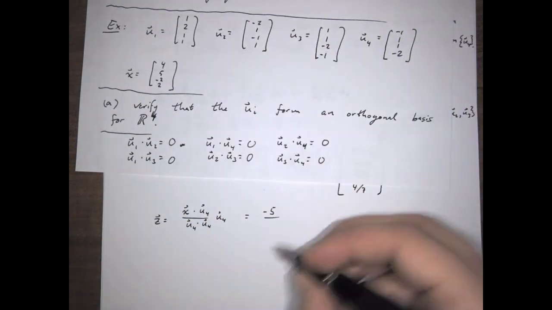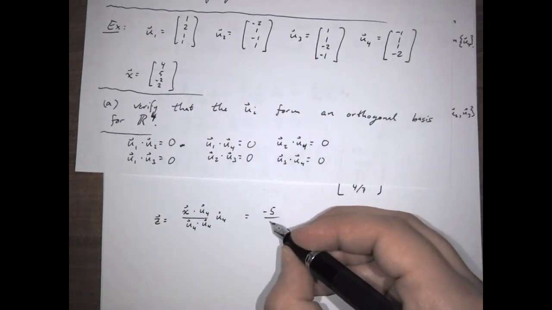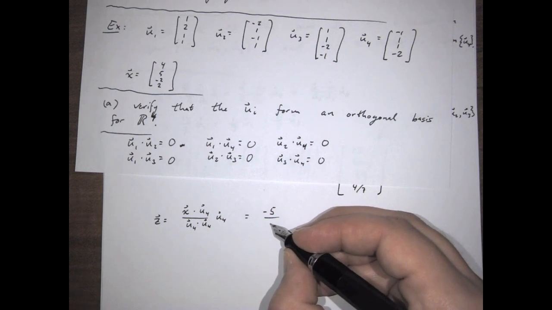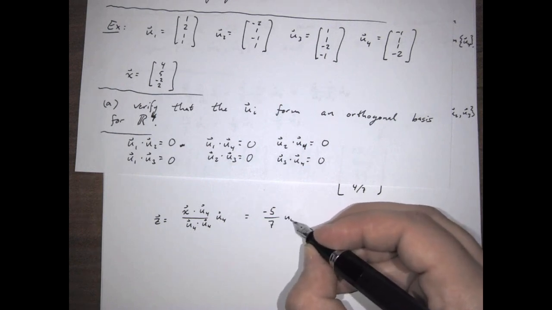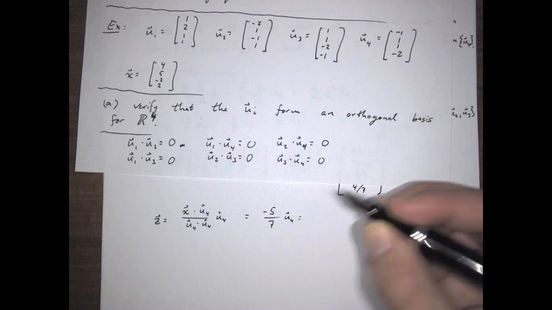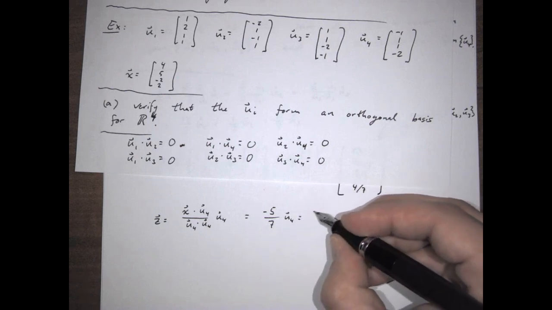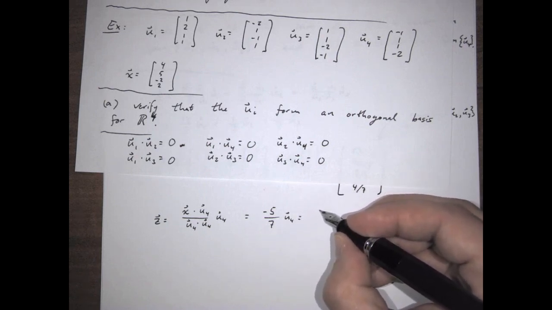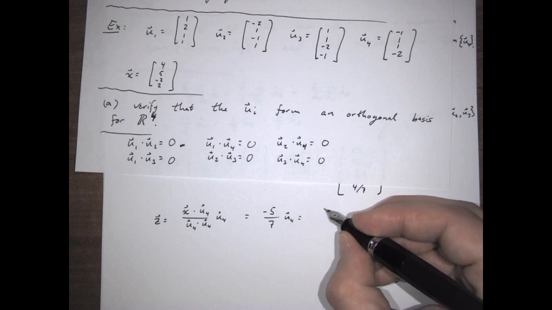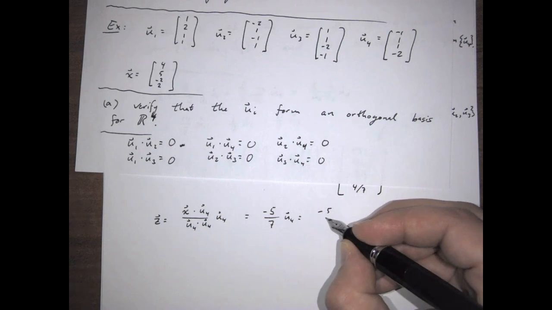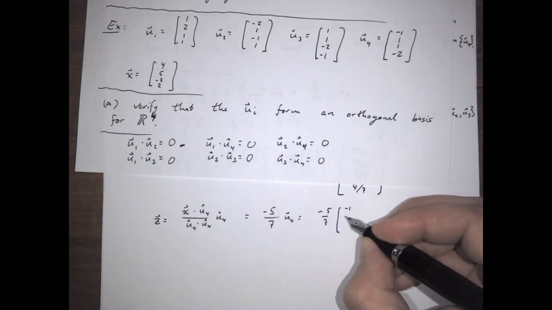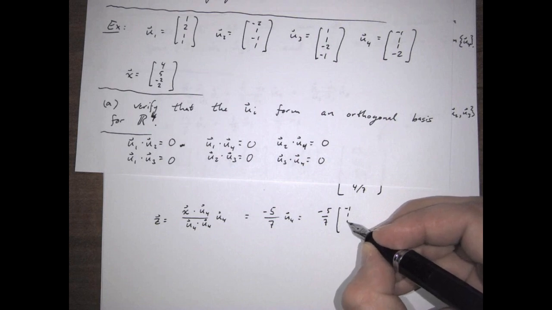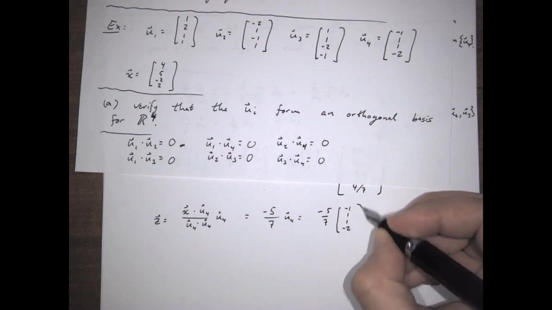And then down here, u4 dot u4, like every other time, it's going to be 1 squared, 1 squared, 1 squared, 2 squared. So it's going to add up to 7. Which is going to equal then -5/7 times -1, 1, 1, -2.